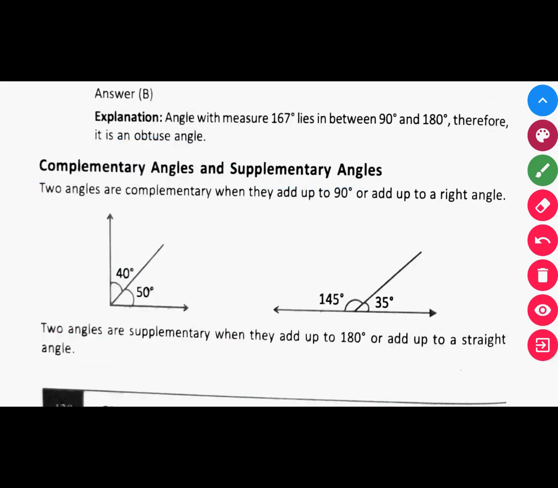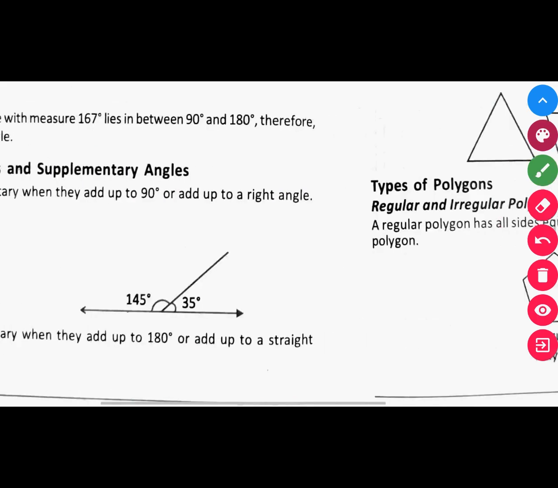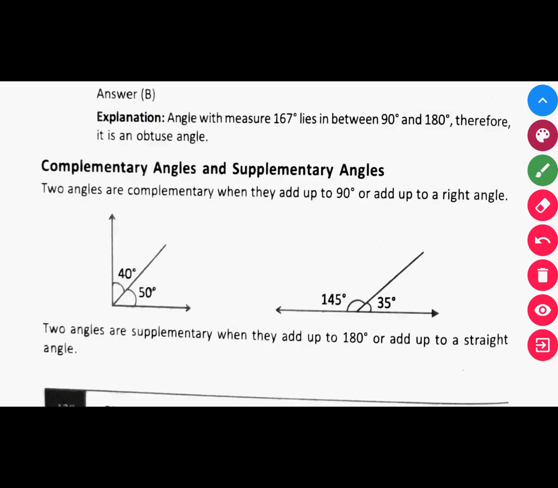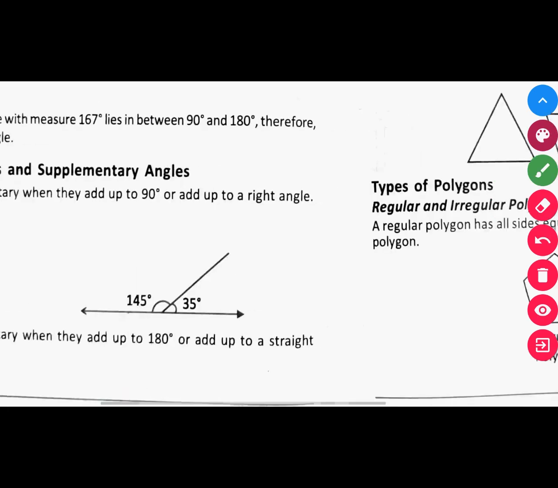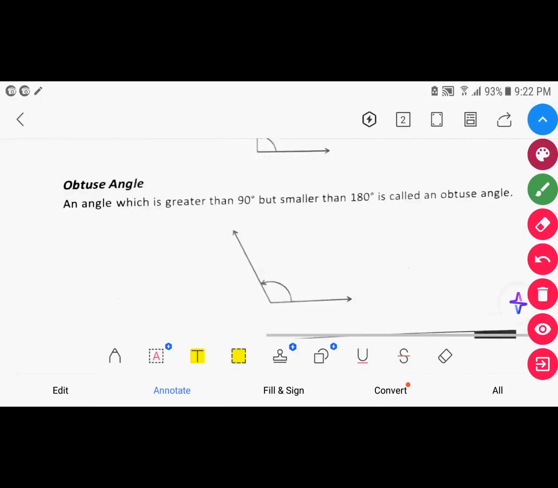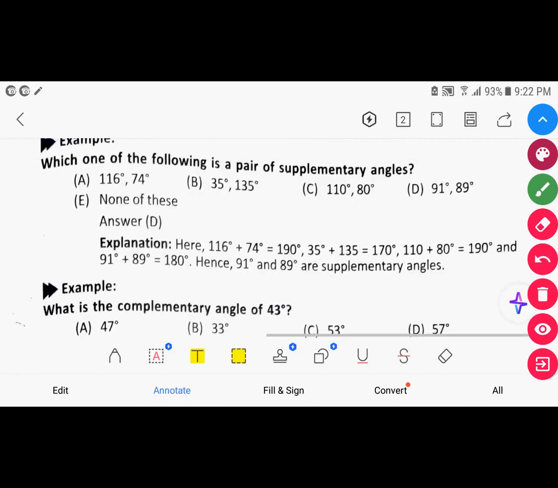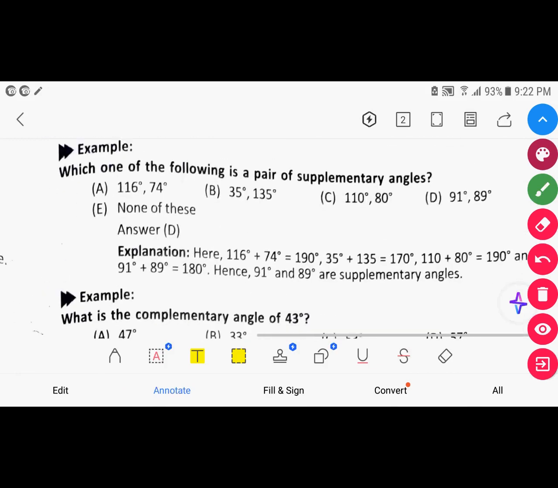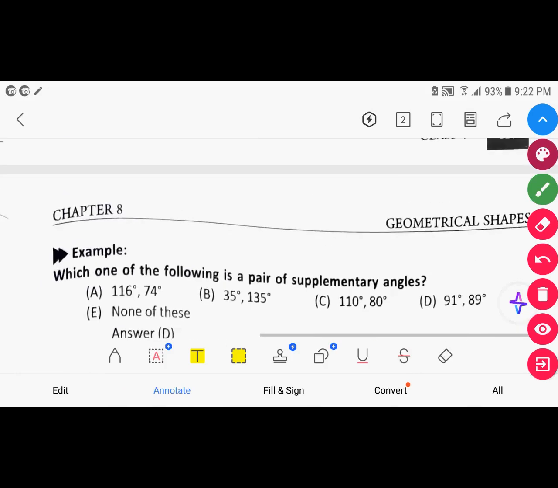Okay, so complementary angles total is 90 degree and supplementary angles total is 180 degree. Okay, now clear?